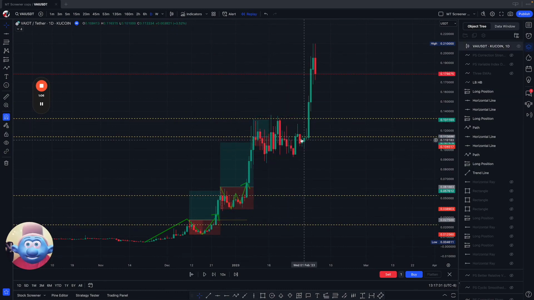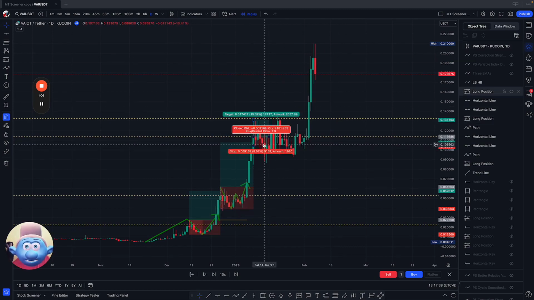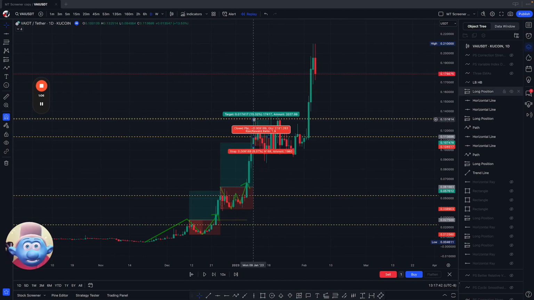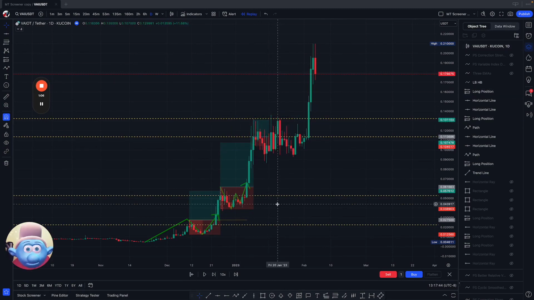You have distribution, which leads into another stage 2. So at this point in time, the first trade would have been stopped out with that conservative entry, but it also gave you a lot of consolidation to maybe make another trade.